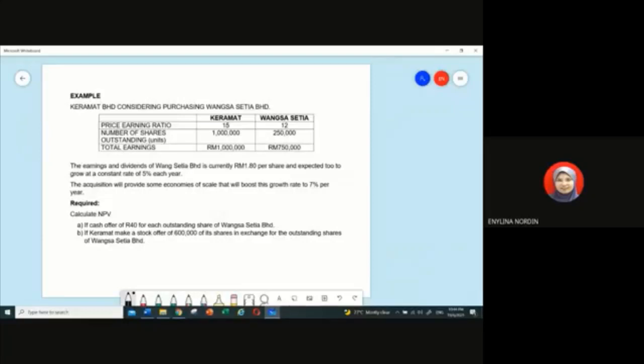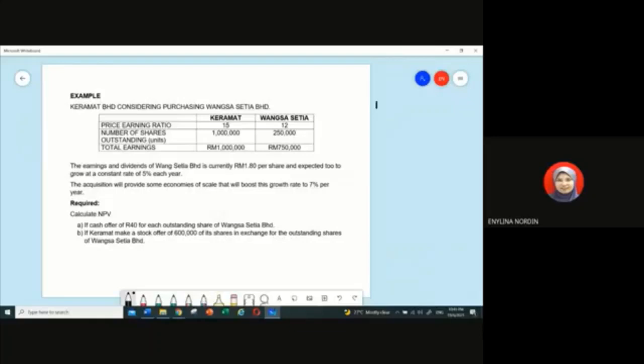Below the table, you can see the information on earnings and dividends of Wangsa Setia Berhad. Wangsa Setia is currently paying a 1 ringgit 80 cent dividend per share, and this dividend is expected to grow at a constant rate of 5% each year.